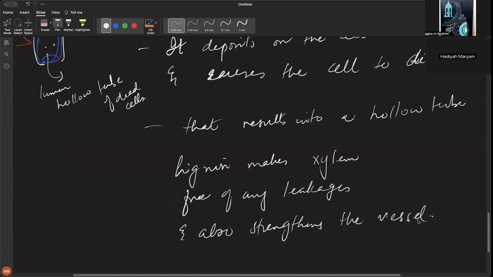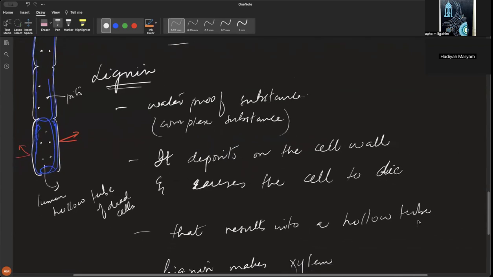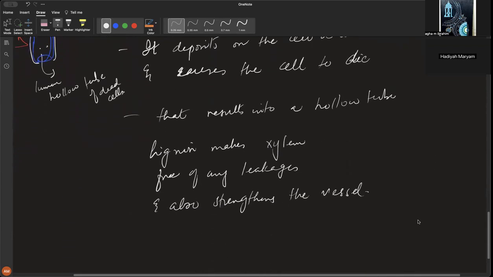It also gives more strength to the vessel, this lignin. Is this clear?